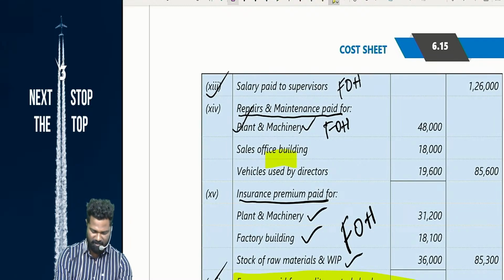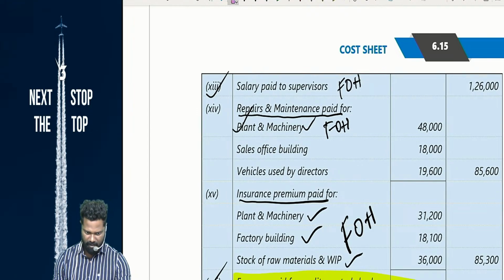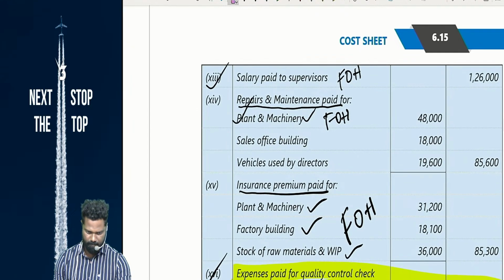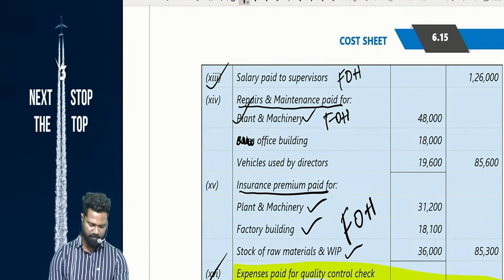I don't understand why sale is there here. That can't be right. Just take repairs and maintenance of office building; cut the sales here. I don't think it should come. Okay, repairs and maintenance of office building.